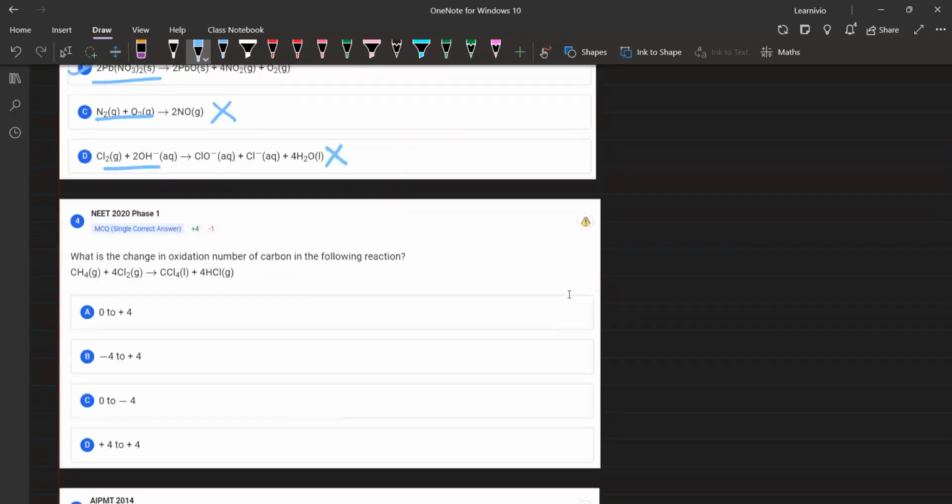Try this. What is the change in oxidation number of carbon in the following reaction? Iram has given an answer.